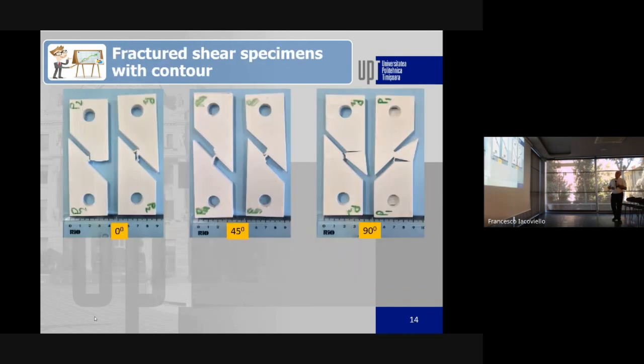Moving to the shear fractures, these are with contour. What we can see here is that the fracture occurs in this small ligament, which is around 5 millimeters. But with the contour, there are some layers of contour that still remain and keep the two fractured parts together.